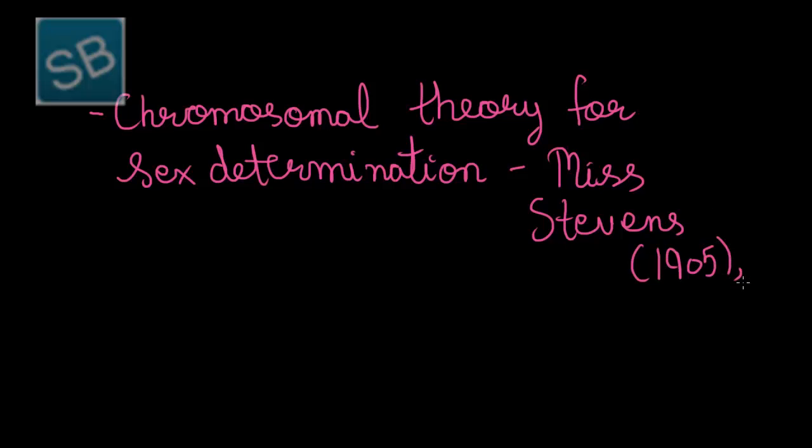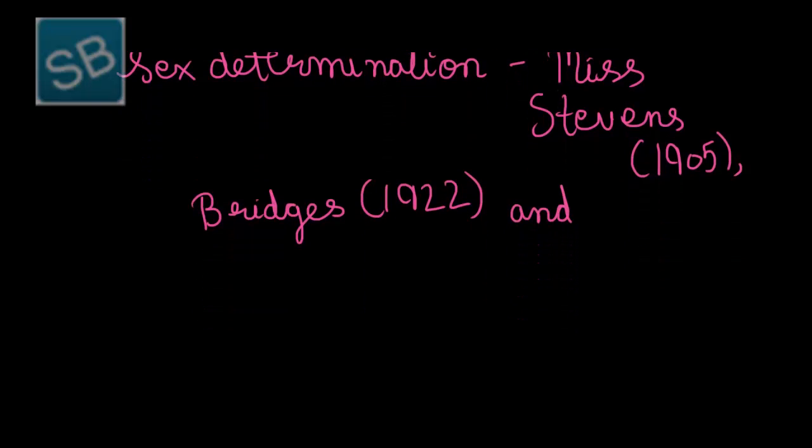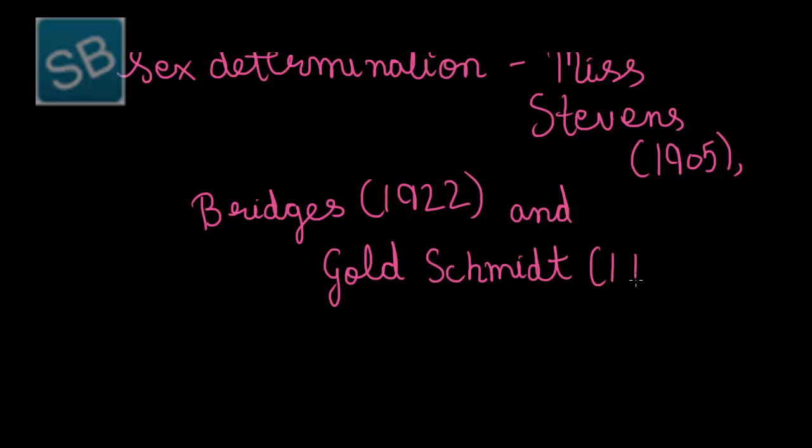Then other scientists named Bridges in 1922 and Goldschmidt in 1938 supported this theory of sex determination.